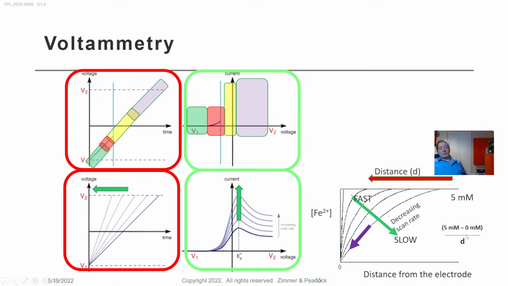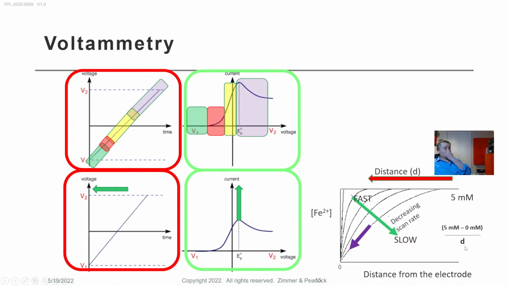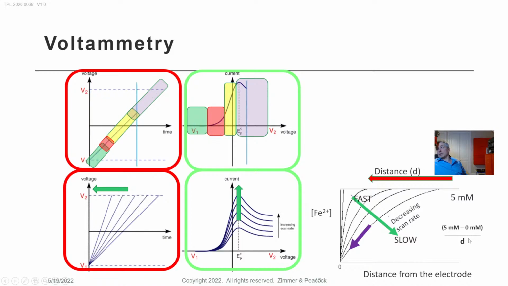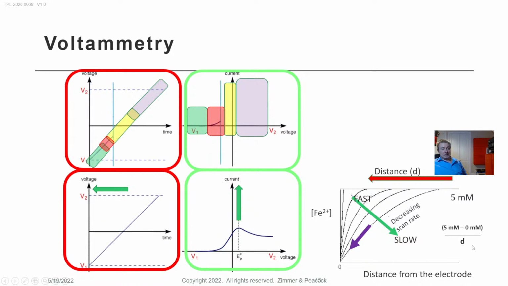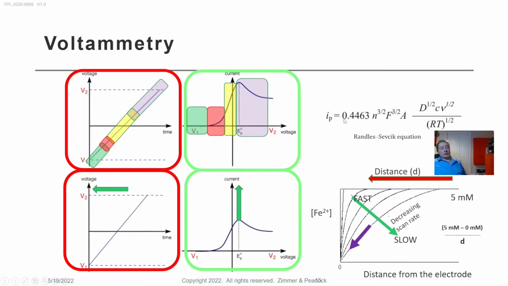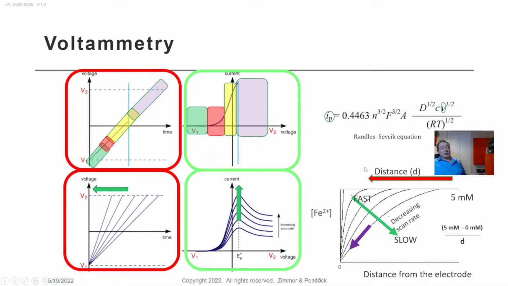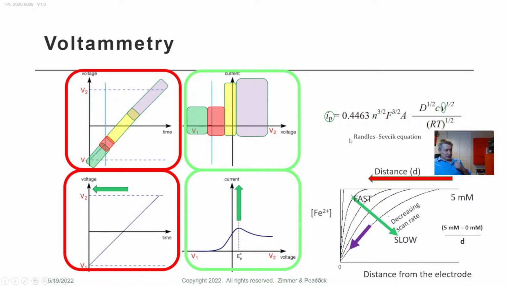Because it's a reciprocal, a small distance gives me a higher current, and when the distance is larger, i.e. I scan slower, I have a larger d and therefore a smaller number. That is why in the Randles-Sevcik equation, current increases with scan rate. The faster you scan, the steeper this gradient, and therefore the higher the current. And that's the root cause of it.